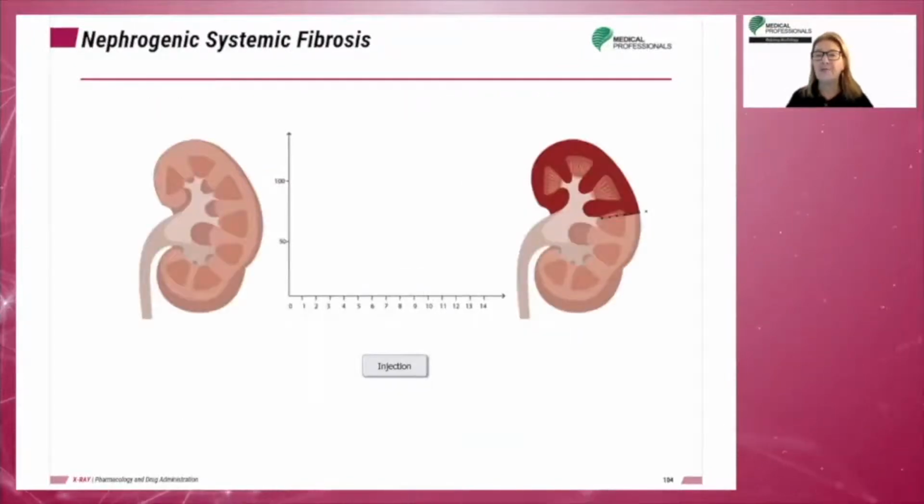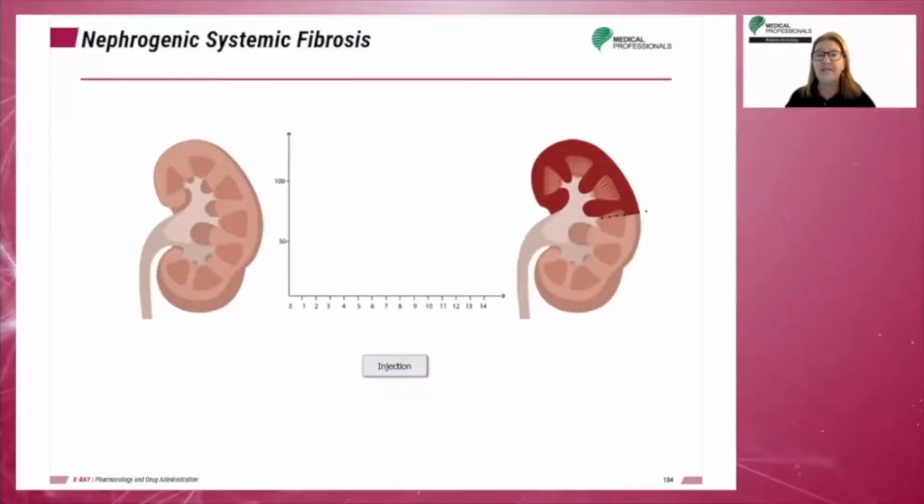A serious but rare adverse reaction that has only been observed in patients with renal impairment is a condition called nephrogenic systemic fibrosis, or NSF. It is also known as nephrogenic fibrosing dermopathy, or NFD.